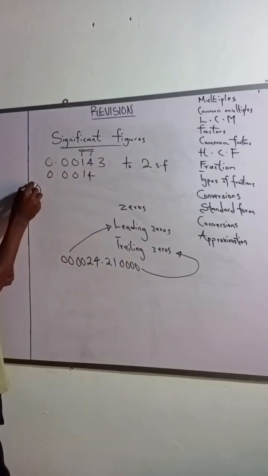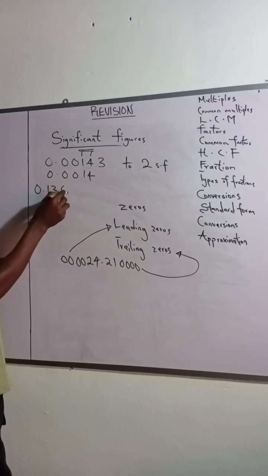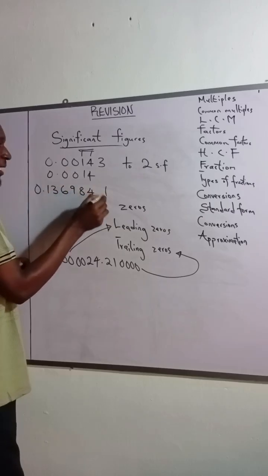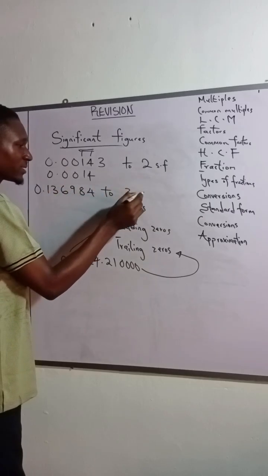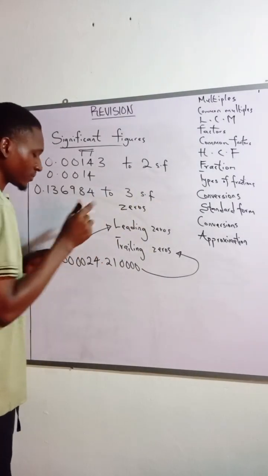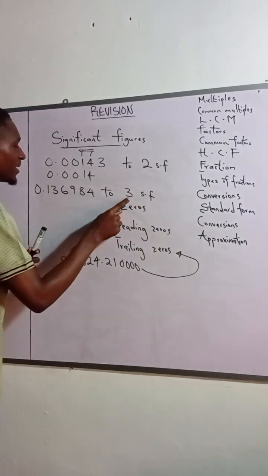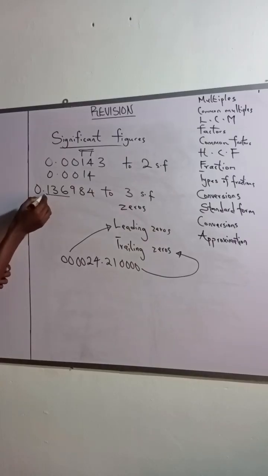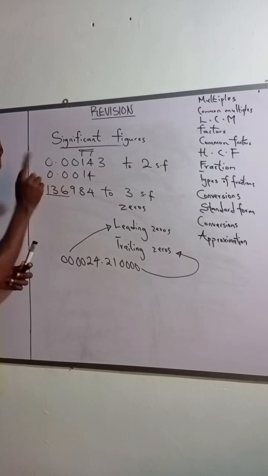For example, in a question like 0.136984, and you are asked to approximate to 3 significant figures, they mean they need only 3 real numbers. What are those 3 numbers? 1, 2, 3. That means you are supposed to stop here. Remember, don't count zeros.